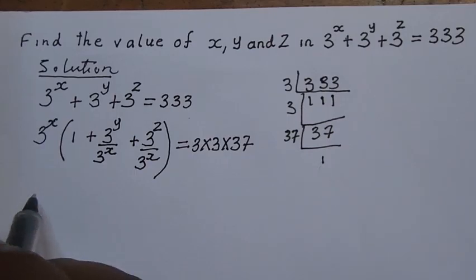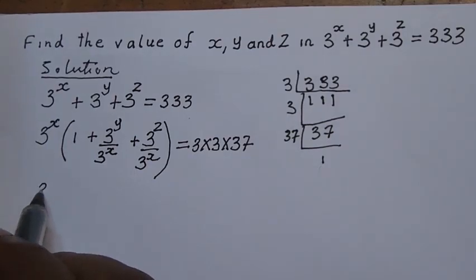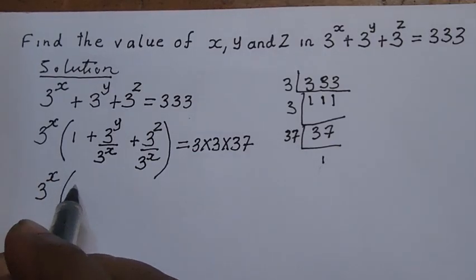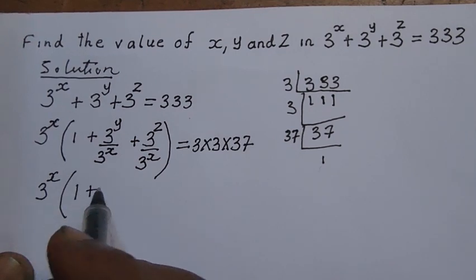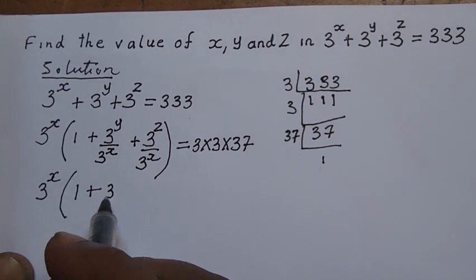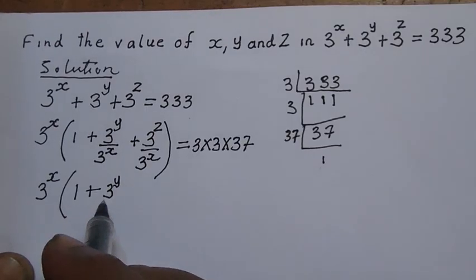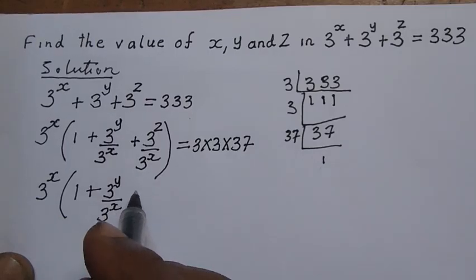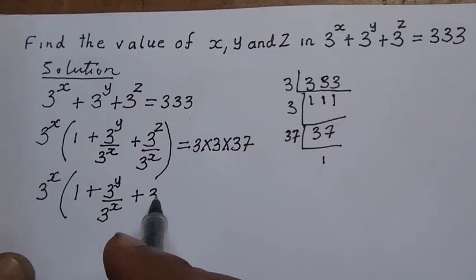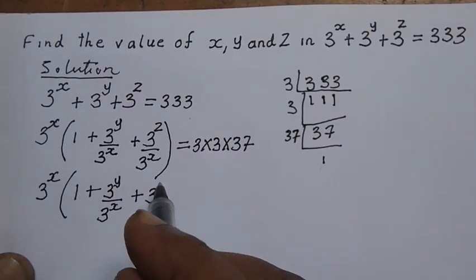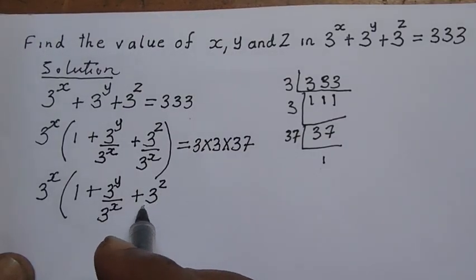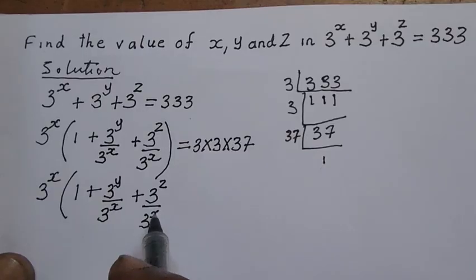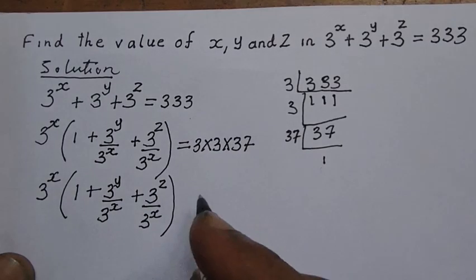So here we have 3 raised to power x in the bracket 1 plus 3 raised to power y over 3 raised to power x plus 3 raised to power z over 3 raised to power x in the bracket.